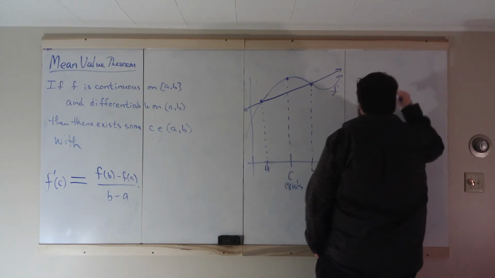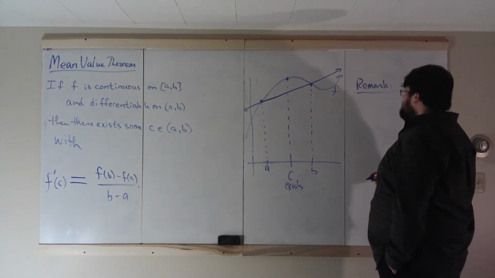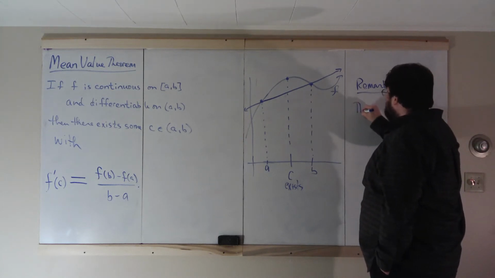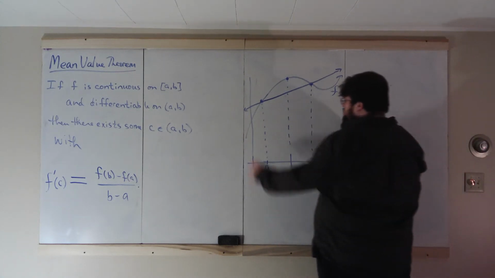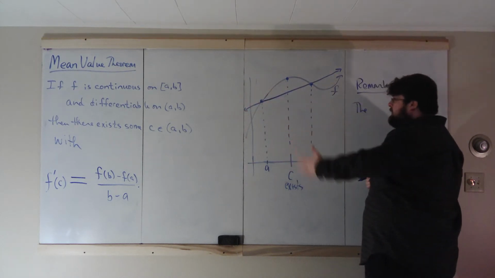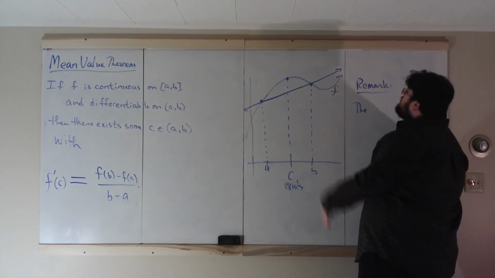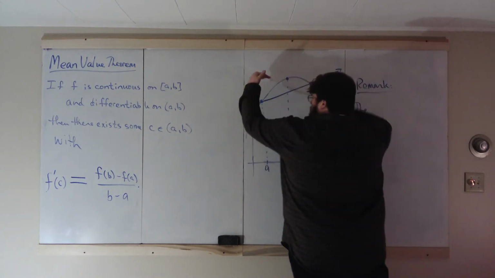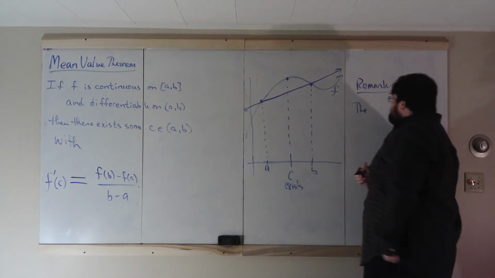there's a special case of mean value theorem. What happens if, so here, f of a and f of b, well, the points a, f of a and b, f of b are on a diagonal. What would happen if they were at the same height, the same y value?